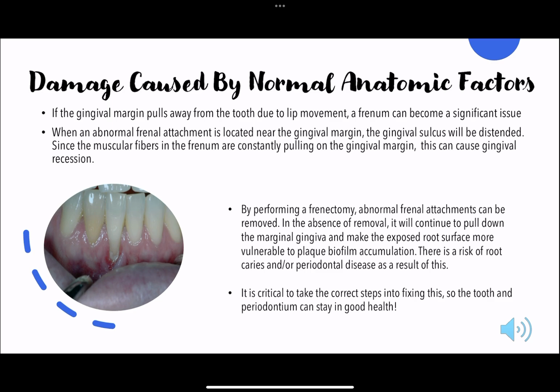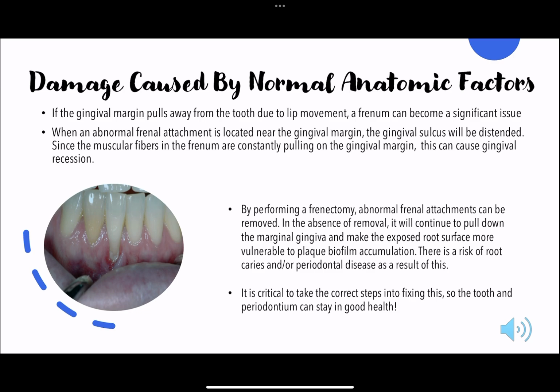So when an abnormal frenal attachment is located near the gingival margin, the gingival sulcus will be distended, and since the muscular fibers in the frenum are constantly pulling on the gingival margin, this is also referred to as a frenal pull. This pulling on the gingival margin can cause gingival recession.